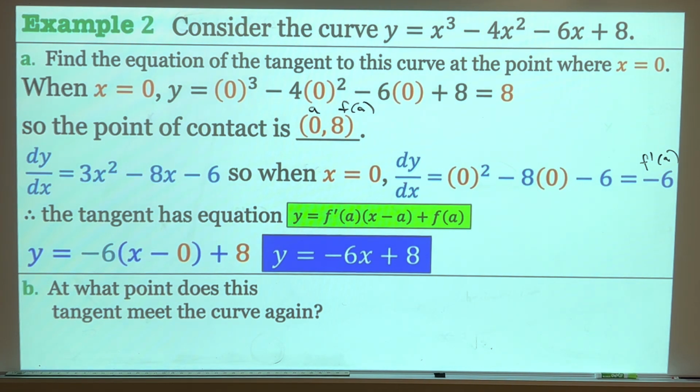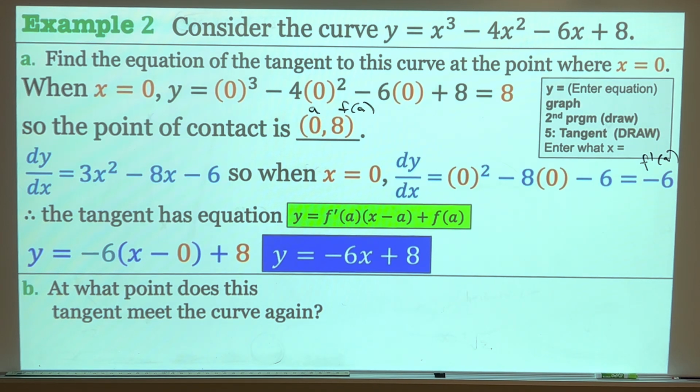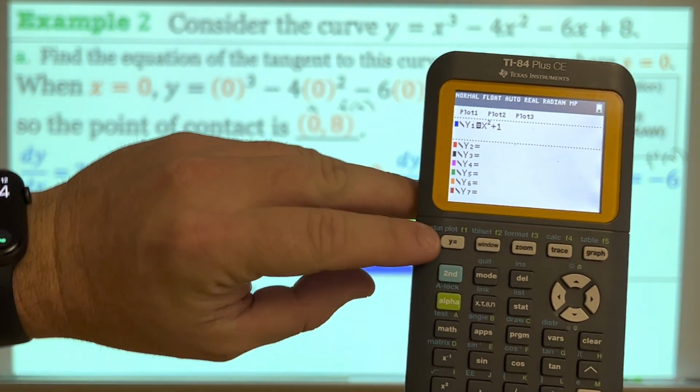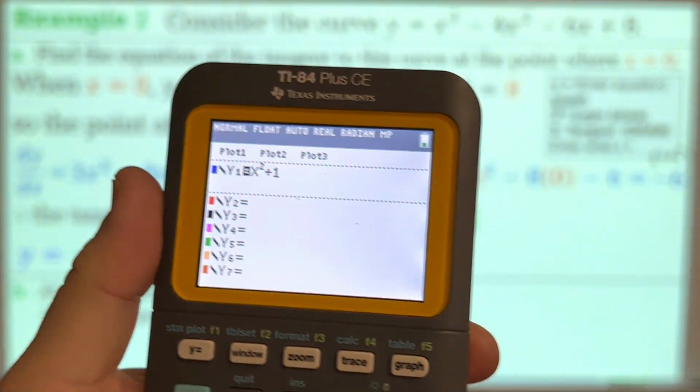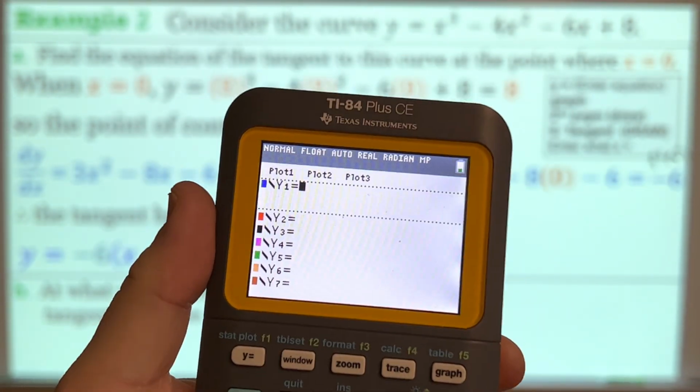Now, we're going to do something different here. Here's the key: if we use technology, we can actually find this equation. We did this earlier. What we did earlier was we hit y equals right here. After you hit y equals, you type in your equation. So I'm going to clear this one.